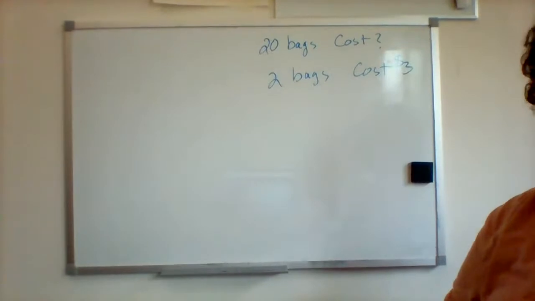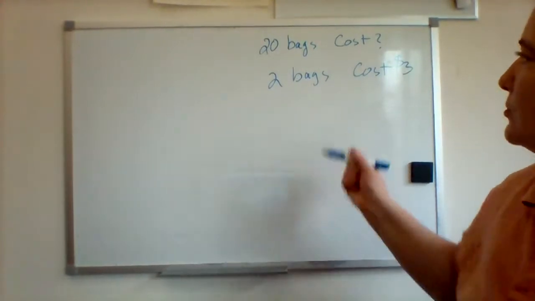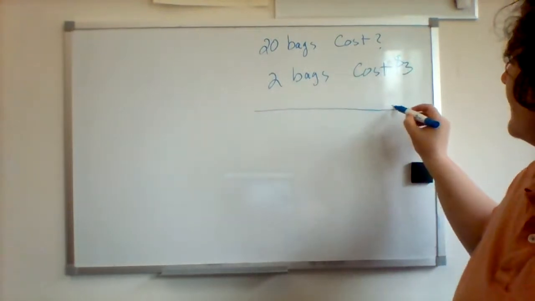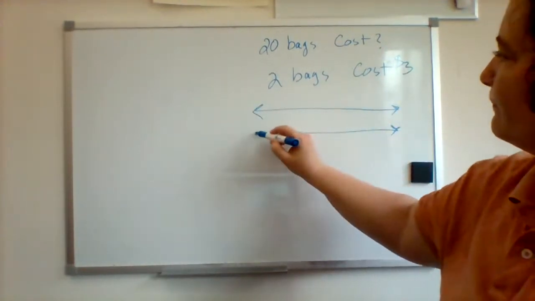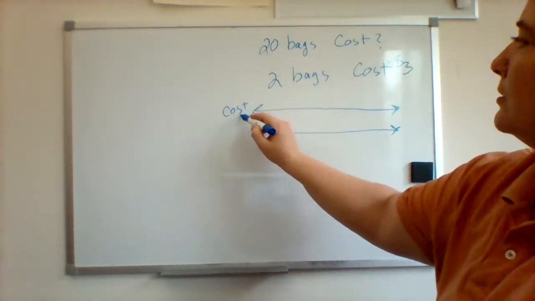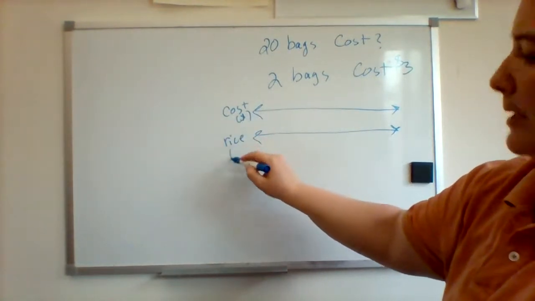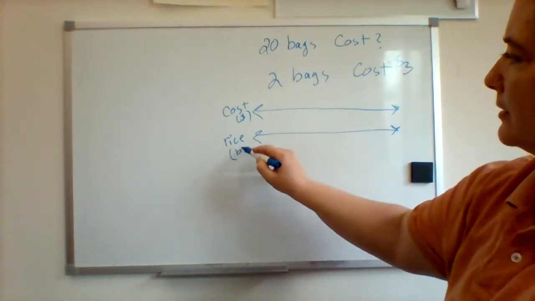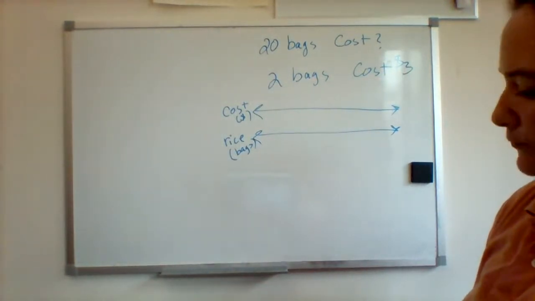So I'm going to start it off by putting the double number line, and I'm basically doing this so that students have a reference. They are telling us that the top one is cost in US dollars. The bottom is the amount of rice, and they're measuring it with a discrete number because it's just counting the bags of rice.